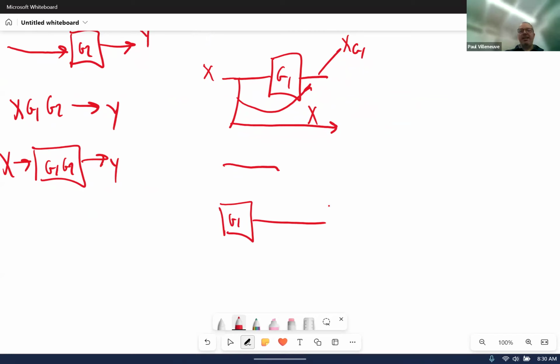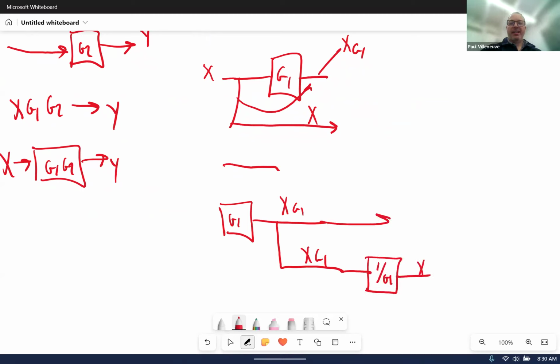What should be coming out of there is XG1, correct? What's coming out over here is not X, it's XG1. So if I want these to be the same, I divide that by G1, and now I have X, so it's the same value. See the equivalency? This is XG1, and this is X.